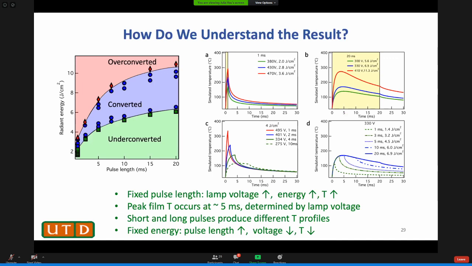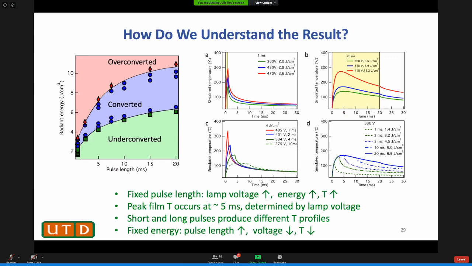Here we are plotting VOC, open circuit voltage is this point, JSC is this point, and fill factor is how square this curve is. You can see that the current is higher in the middle. The voltage is higher when it's low energy. And the fill factor for the 20 millisecond is higher than the 1 millisecond.